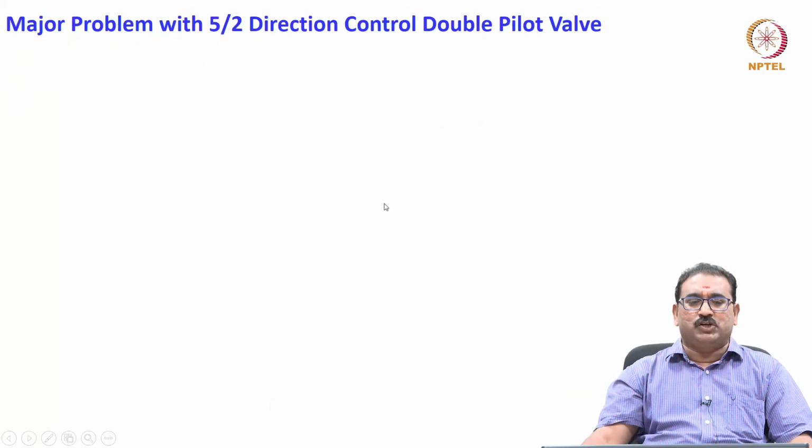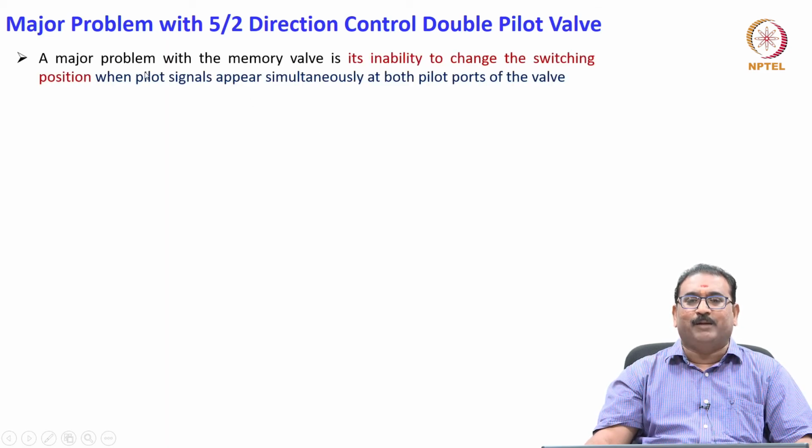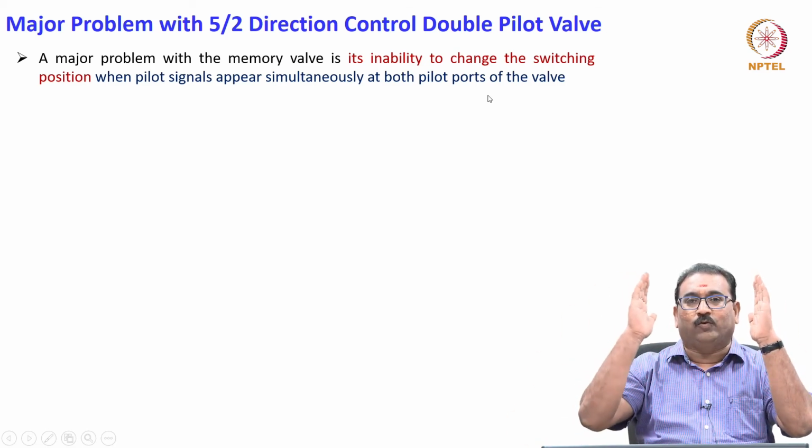Please remember, friends, one major problem is there in the 5/2 directional control valve. What is that? You will see now. A major problem with the memory valve is its inability to change the switching position when pilot signals appear simultaneously at both pilot ports 14 and 12.